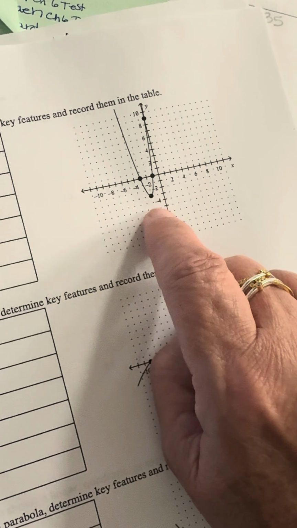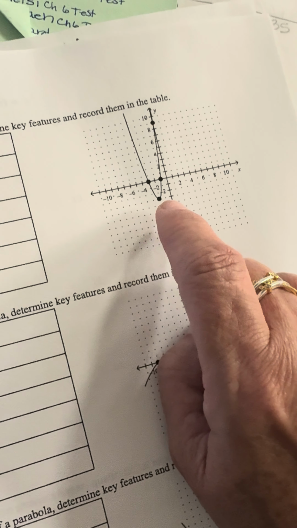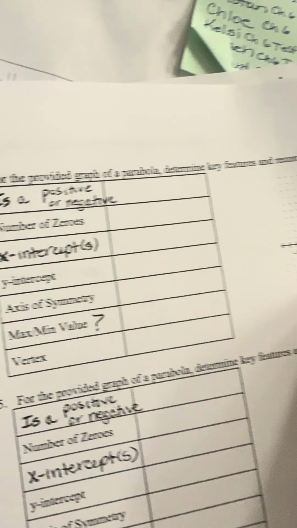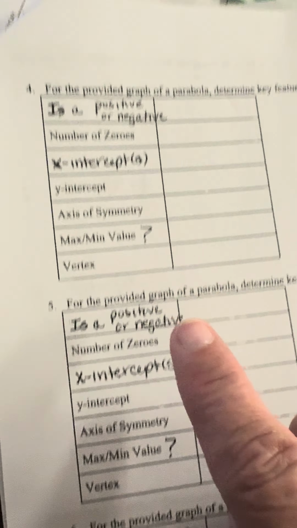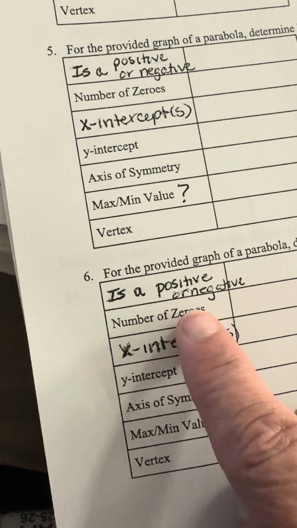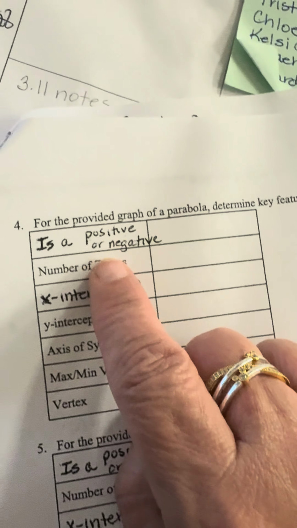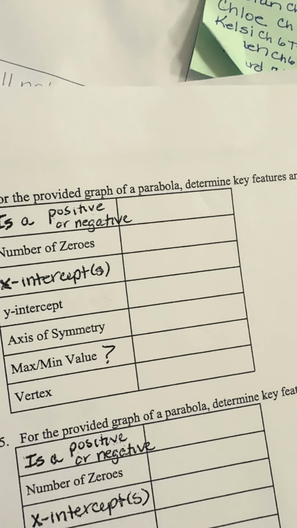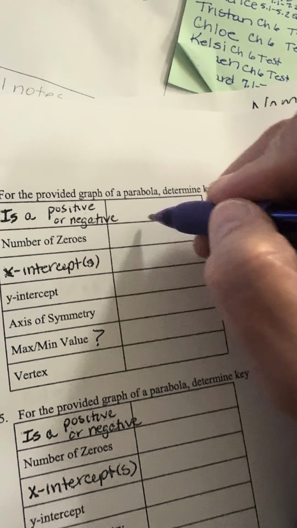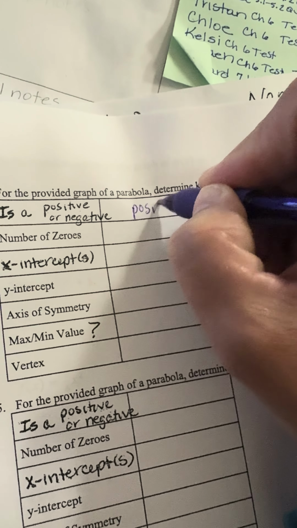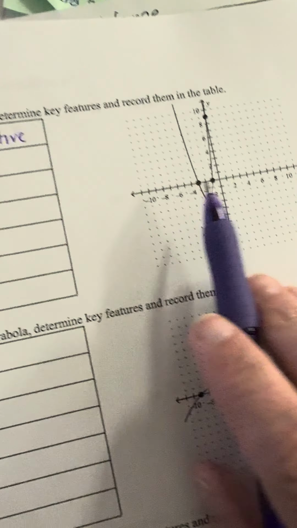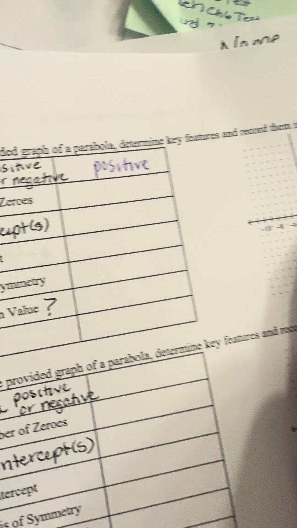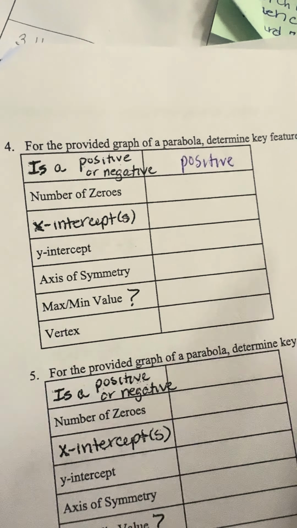Since this is a happy parabola, my A value would be positive. That's what I'm asking in the first box of each of these: if I was looking at the equation, is A going to be positive or negative? Because the parabola is opening up, A would be positive there.